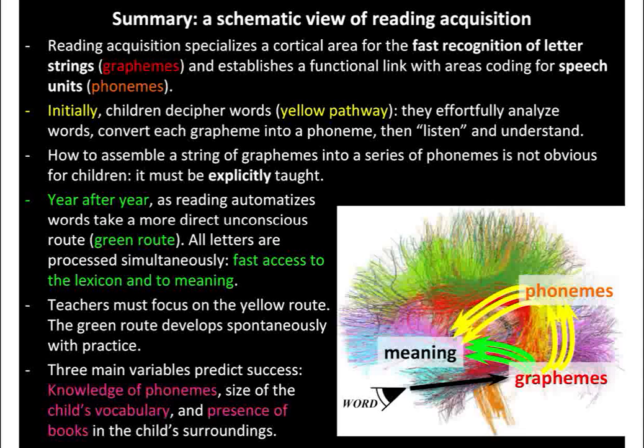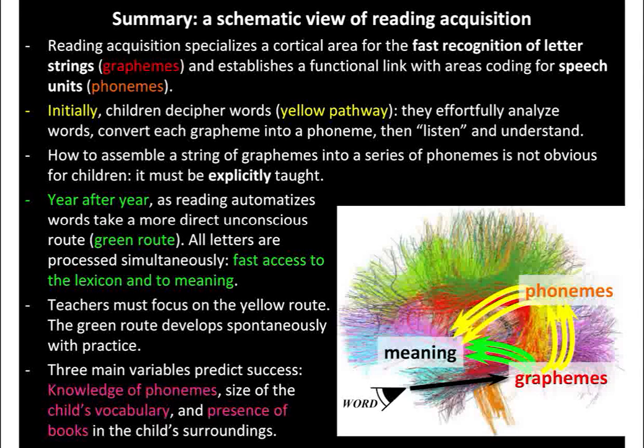So they go through this sort of slow route of conversion. Progressively, they will learn to assemble the letters together and go through a more direct route. And as Joe was showing yesterday, this will be a very progressive training of the system to go more directly towards the meaning and the lexical representation of the words.